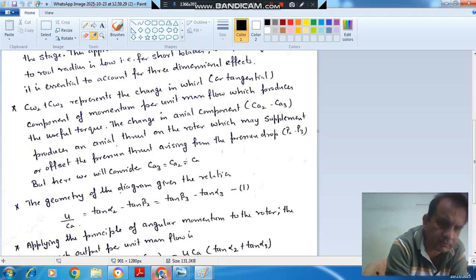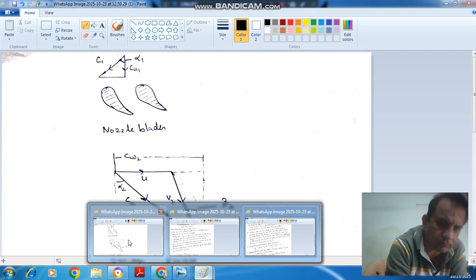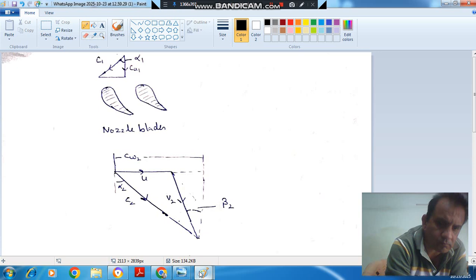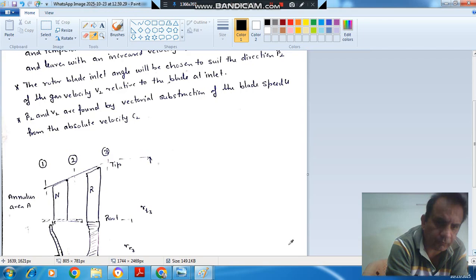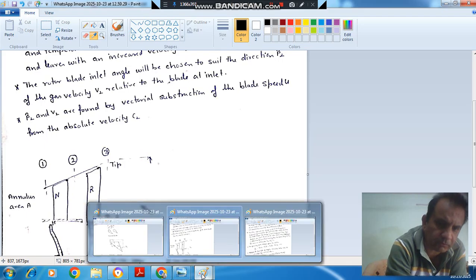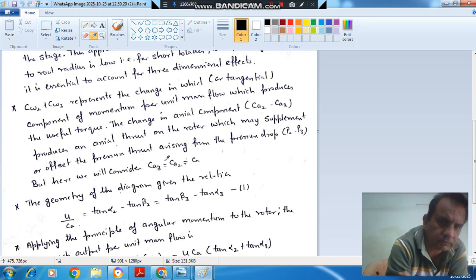Axial thrust means force in the axial direction. So that will lead to a change in axial component. The change in axial component CA2 minus CA3 produces an axial thrust on the rotor, which may supplement or offset the pressure thrust arising from the pressure drop P2 minus P3. But here we will consider CA3 equal to CA2 equal to CA.